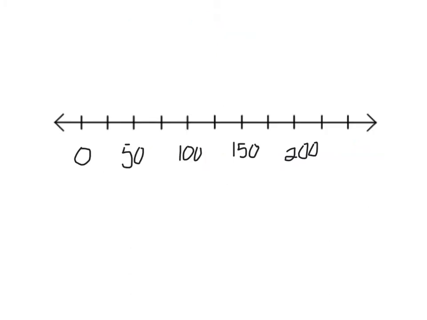So now we're going to take a look at another example. If we have s is greater than or equal to 100, and we need to graph that. We see this equal to right here, which would mean 100 is in the solution set. 100 could be one of the answers since s is equal to or greater than.